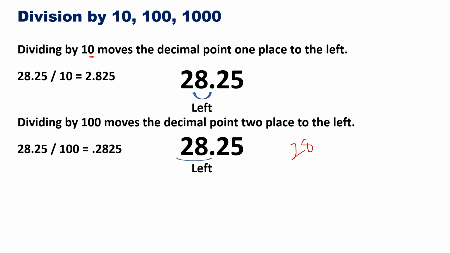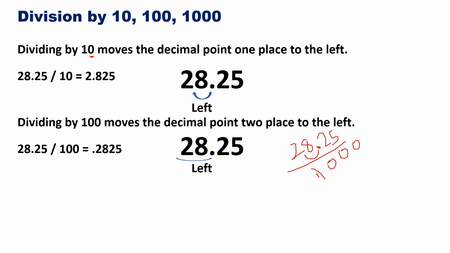Suppose this number is 28.25. If we divide it by 1000, then the decimal point should move 3 places to the left. Here the decimal point is there.